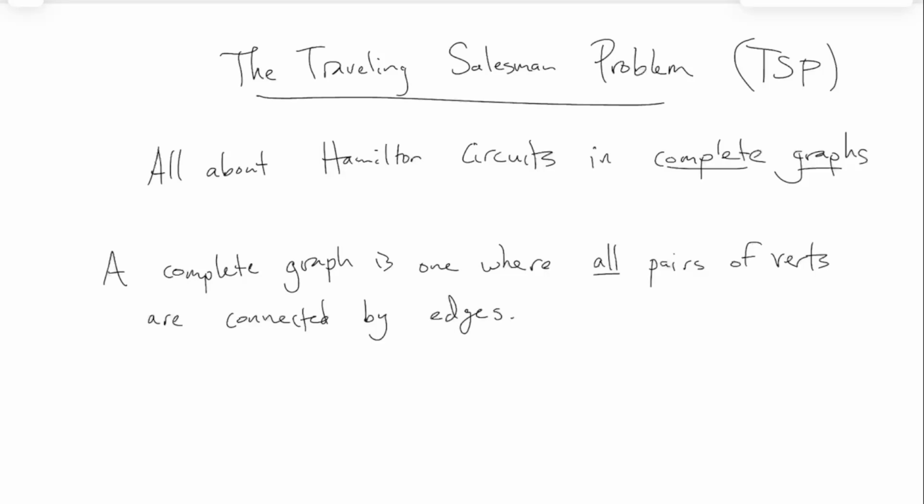It means every vertex has an edge to every other vertex. It's called complete because it has all the possible edges that could exist in a graph.